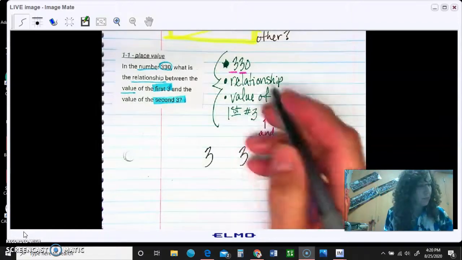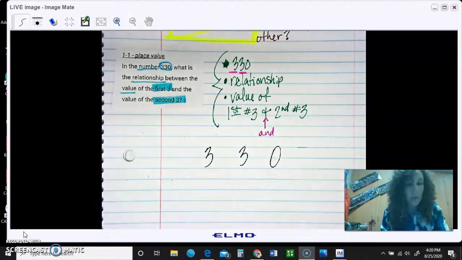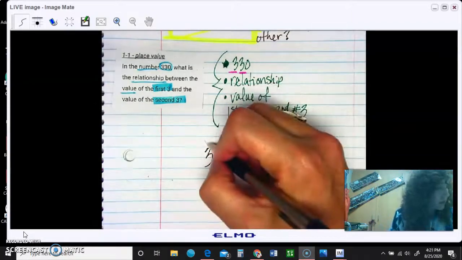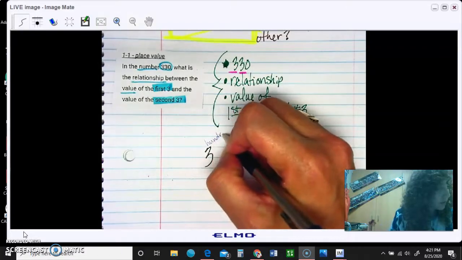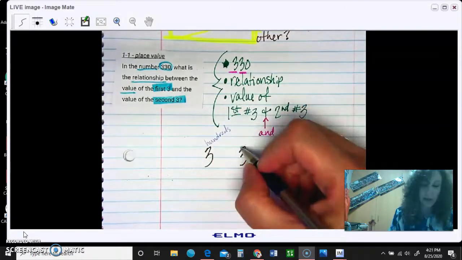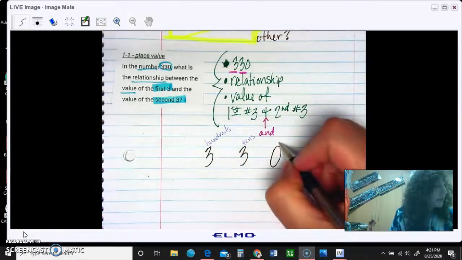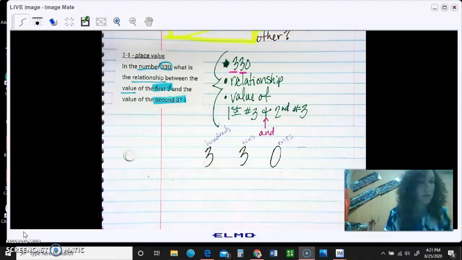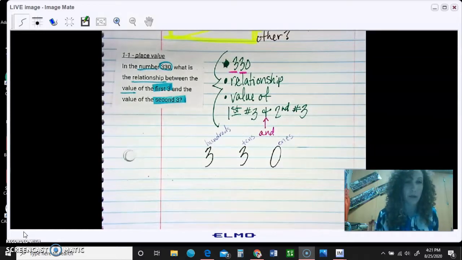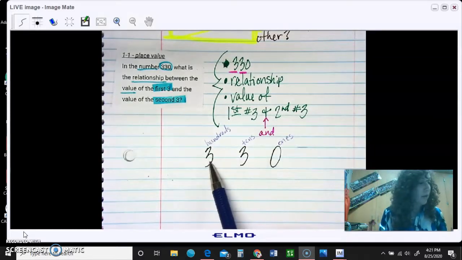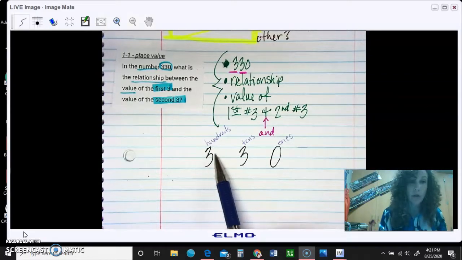So this position is the hundreds position. Okay, this is the tens, and this is the ones. Okay, so when we were talking about our vocabulary yesterday, we had the value of this 3 is 300.